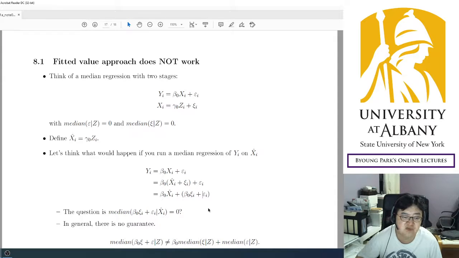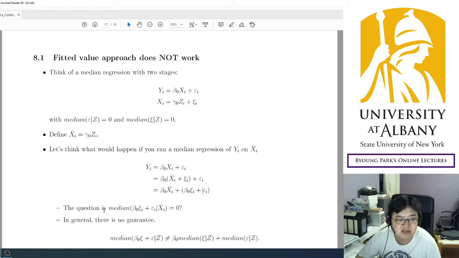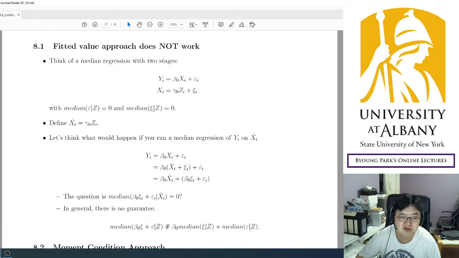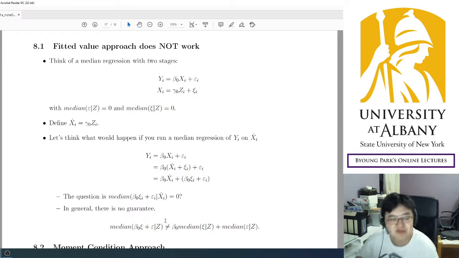This is the error term. The main problem here is this. With the new error term, do we have the same median restriction? No. We learned it is not true. So this is the key problem in the quantile regression.